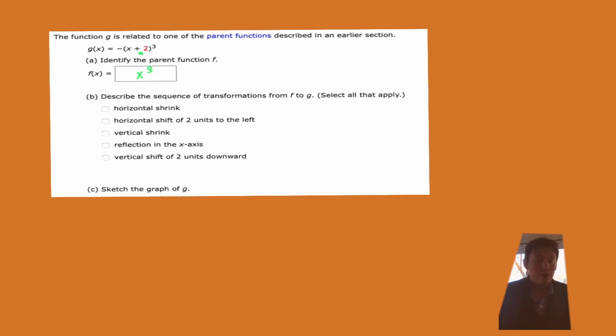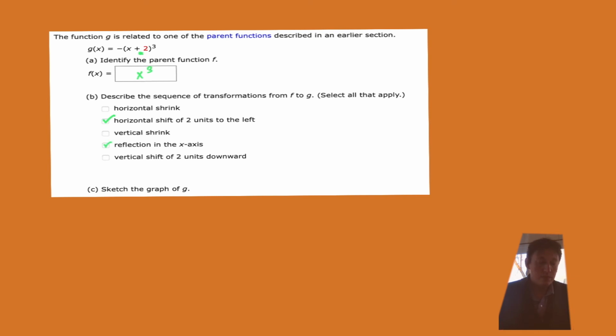Well, you would think it would go to the right, but it doesn't. It goes to the left. So it goes left 2 units, which is a horizontal shift, which is this one. And then the negative on the outside flips it upside down over the x-axis. So it's a reflection over the x-axis.